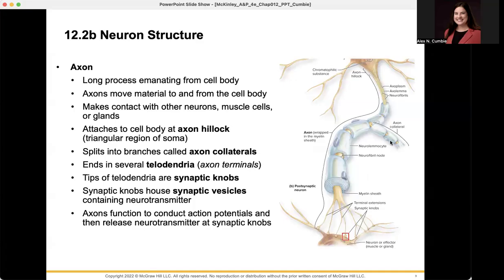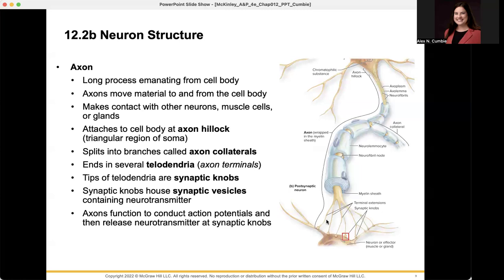So we have the axon hillock here. You can see that there are some branches coming off of the axon. It's not one straight line. Those branches are called collaterals. Once we get to the end of our axon, where we start to get to those synaptic knobs, each of these little tiny branches we actually call telodendria.